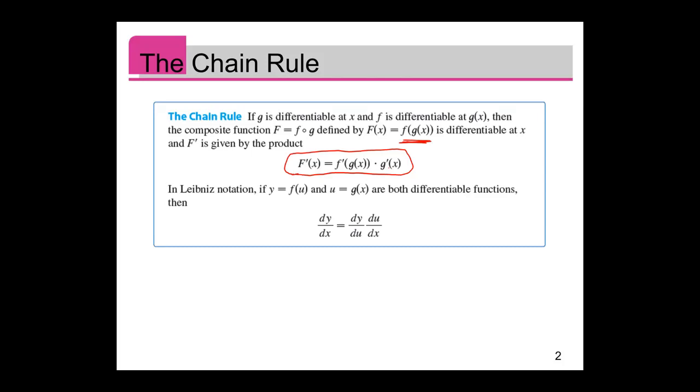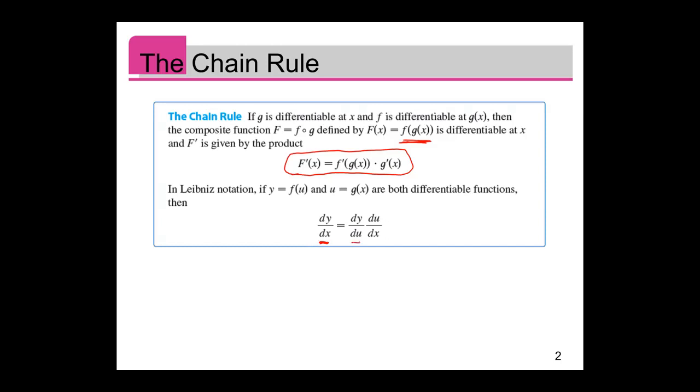So I haven't really worked yet with the Leibniz notation. I personally like it better in general because it gives me an idea of what exactly I'm taking the derivative of, okay? This right here means I'm taking the derivative of y with respect to x.